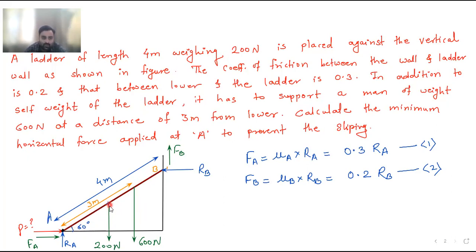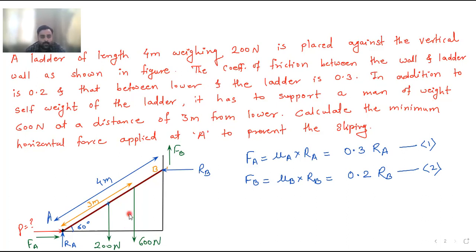So this length is 2 meter, this angle is 60 degree, you can easily find out this side. Also, for the 200 into this distance, and then this 600, what is the distance from this point A? This total distance is from point A. So this is 3 and this is 60, so it will be 3 cos 60, you will get this distance.